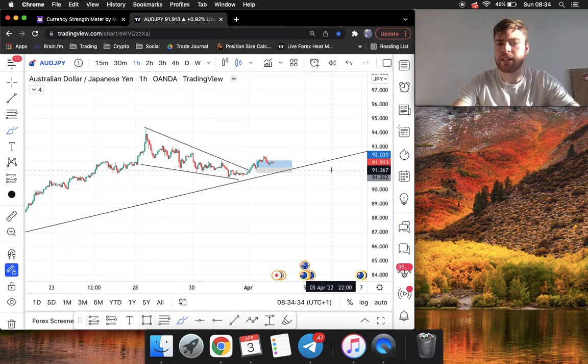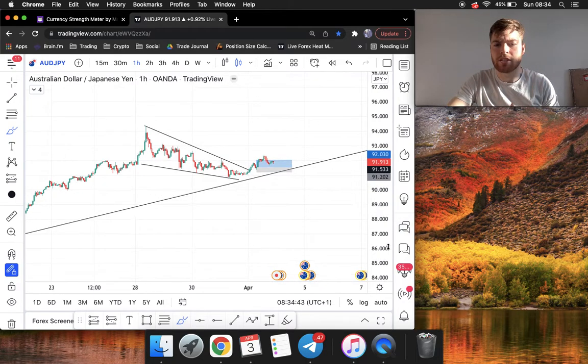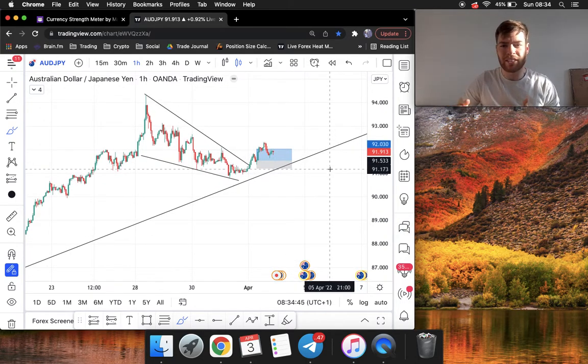If you're interested in taking the trade, you want to drop down into the 1 hour, look at how the candles are closing, and let that influence your decision. The 4 hour paints a good picture of how the pair is looking.